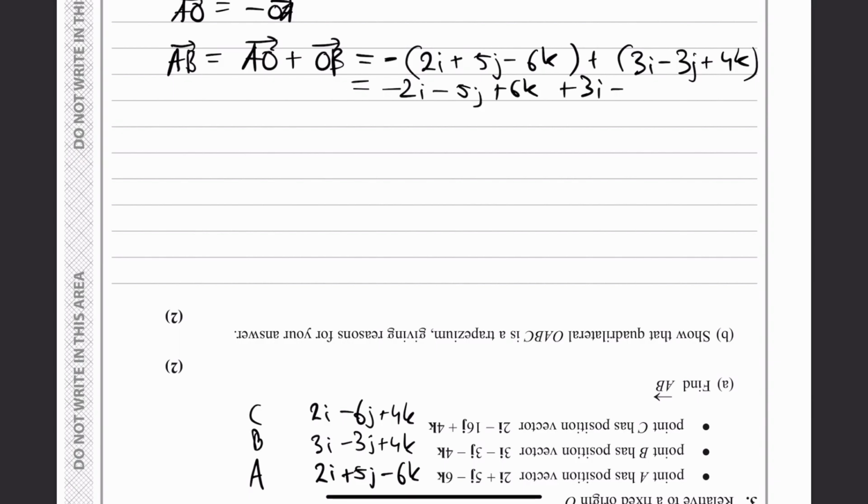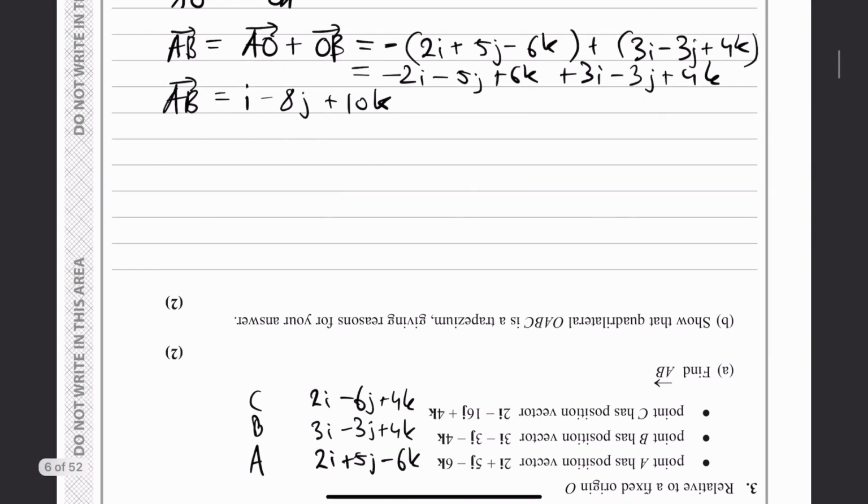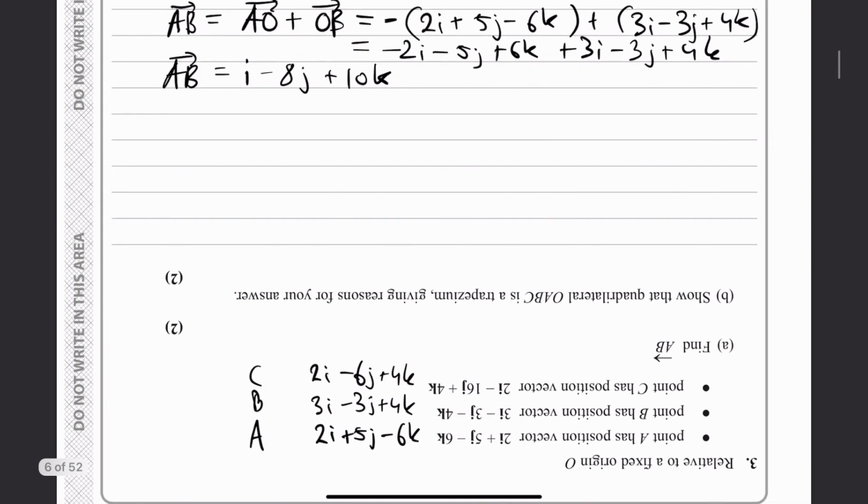That is going to leave us with AB is equal to i minus 8j plus 10k. Nice. Hopefully that is correct, and now we just got to do part B. Although I am losing a lot of time.